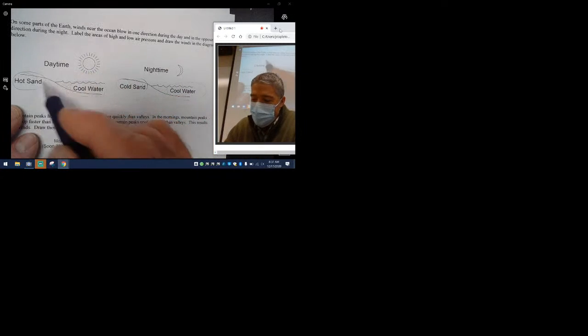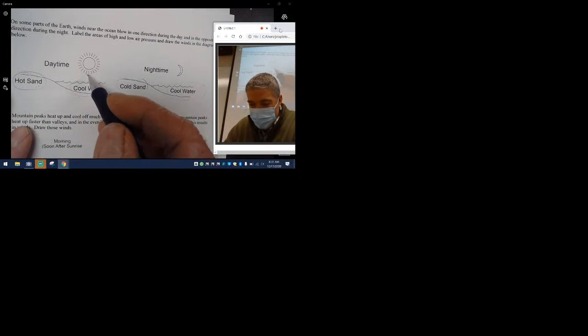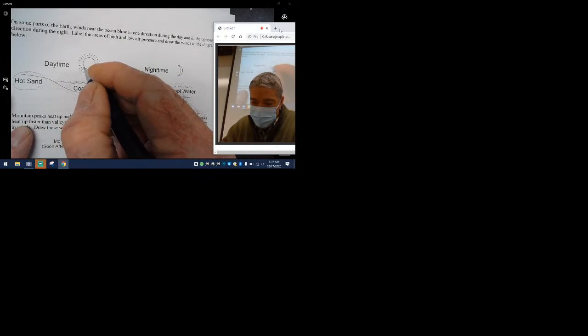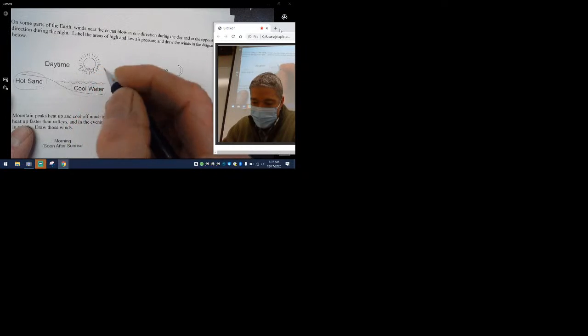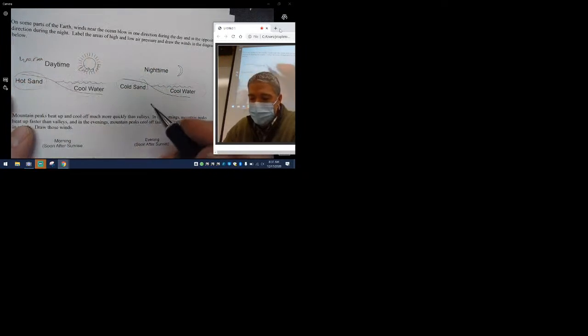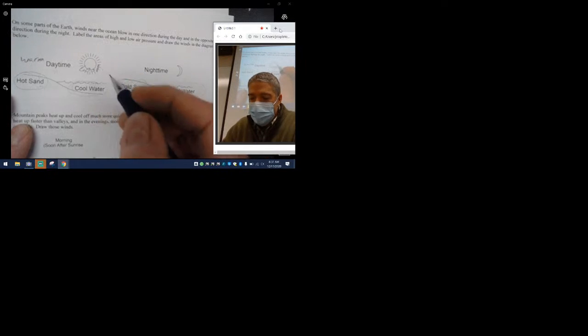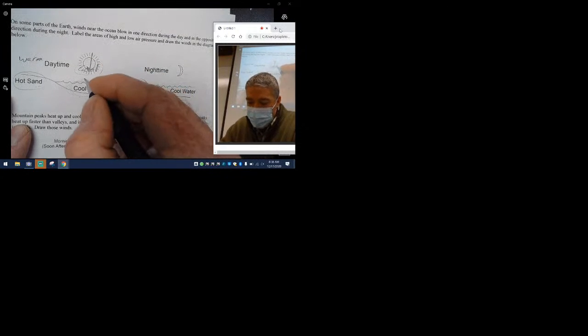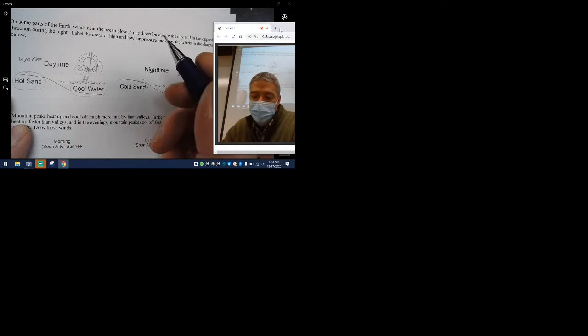So during the daytime, the sand is hot, the water's cool, so that would affect the temperature of the air over the sand and the water. So this air is relatively cool, and this air is relatively warm. So what does cool air do, rise or sink? It sinks, and I guess you could say that there's high pressure under this because cool air is going to be heavier.